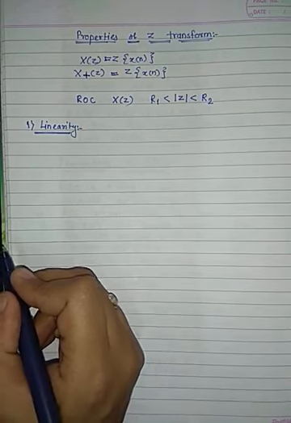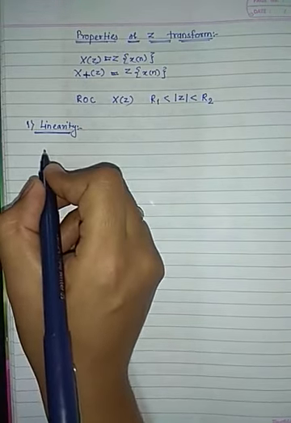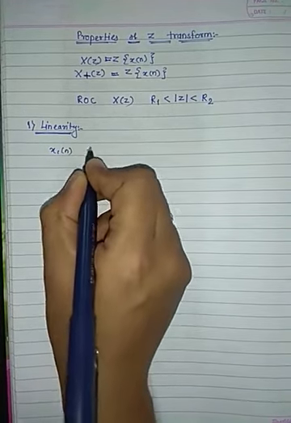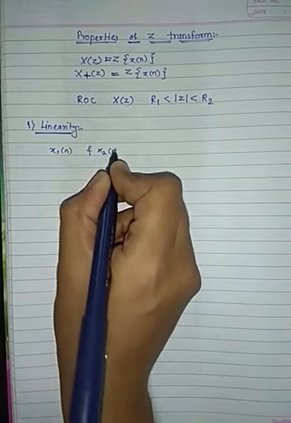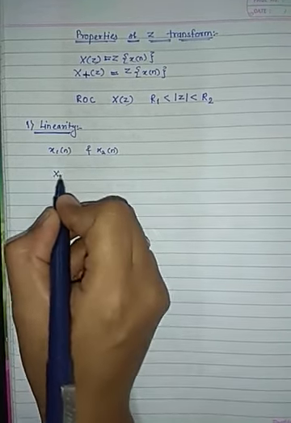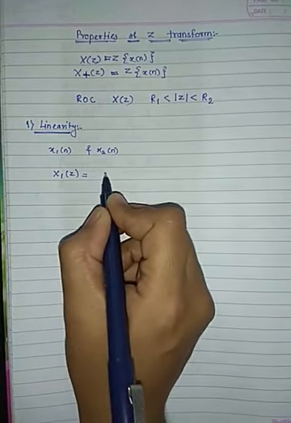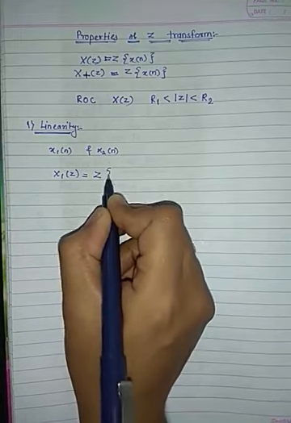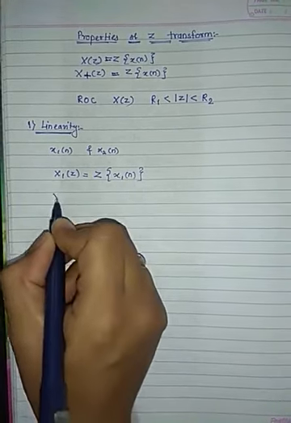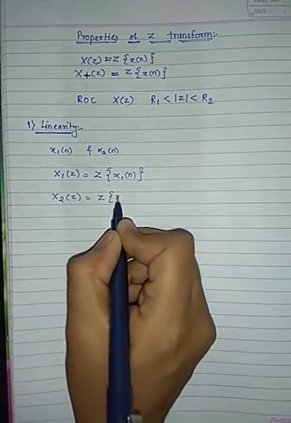Now consider two sequences, x1 of n and x2 of n. Let X1 of z be the Z transform of x1 of n, and let X2 of z be the Z transform of x2 of n.